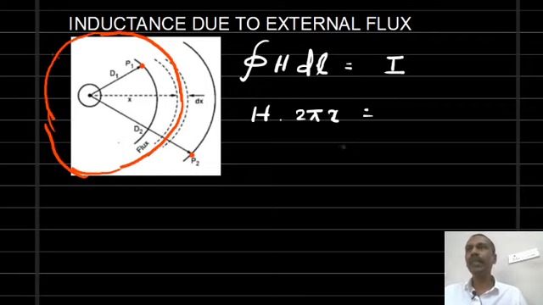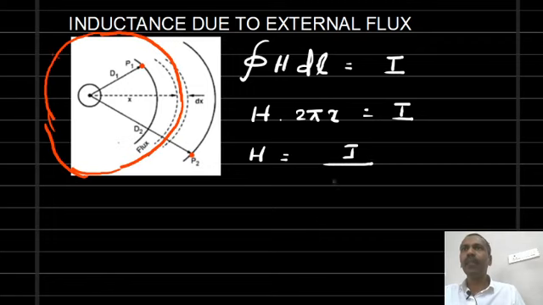This is equal to, what is the current enclosed by this path? Now we can take the total current. It is equal to I amperes, because the complete current is flowing within this path we consider. So H is equal to I divided by 2 pi x.